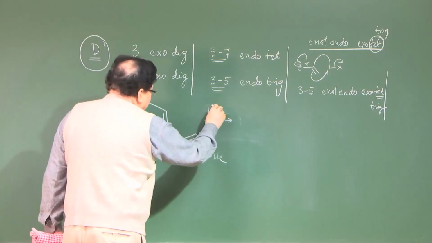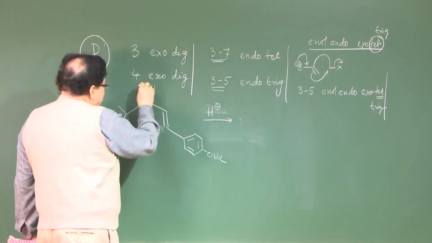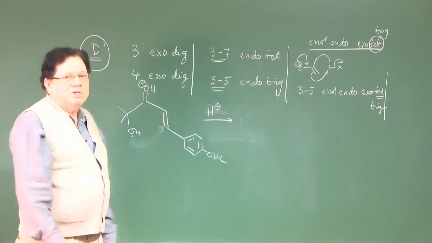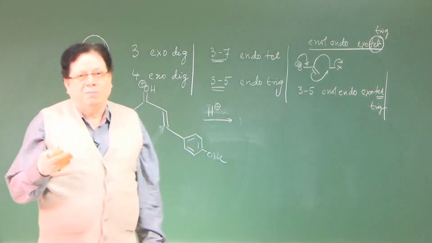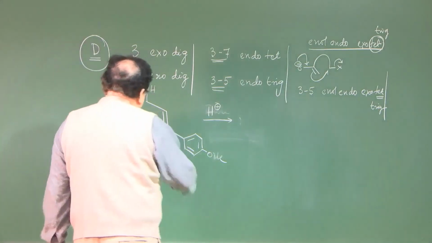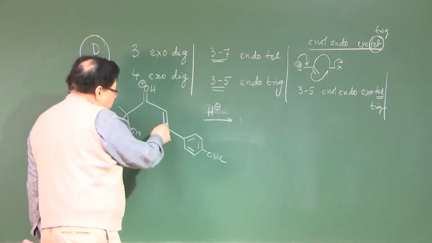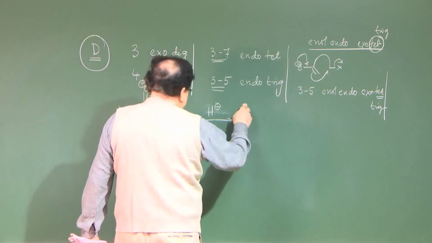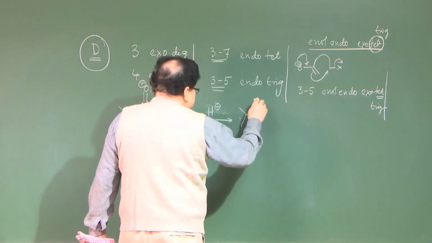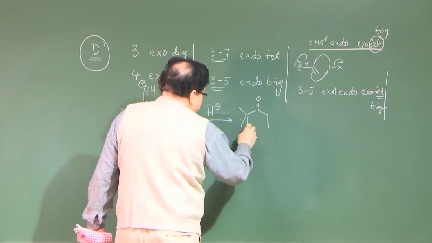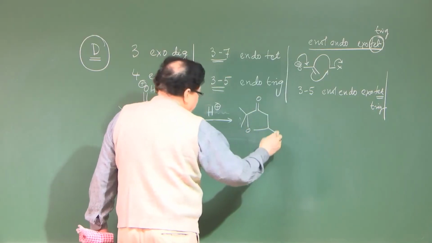If you add acid, that will protonate this carbonyl, and this protonated alpha beta unsaturated carbonyl system is an even better Michael acceptor. More electron deficiency is created at the beta carbon. Now, in this case you get the anticipated product.